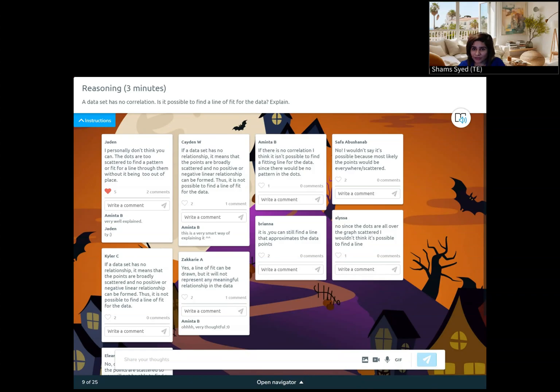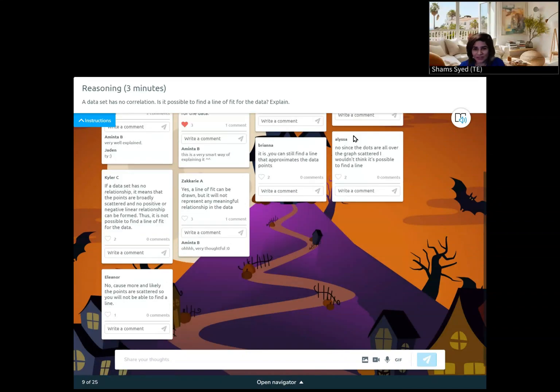No positive or negative relationship can be formed. Thus, it is not possible to find a line of fit for the data. Well written out. Amy, there is no correlation. I think it isn't possible to find a fitting line for the data, since there will be no pattern in the dots. Safa, no, I wouldn't say it's possible, because most likely the points would be everywhere and scattered.